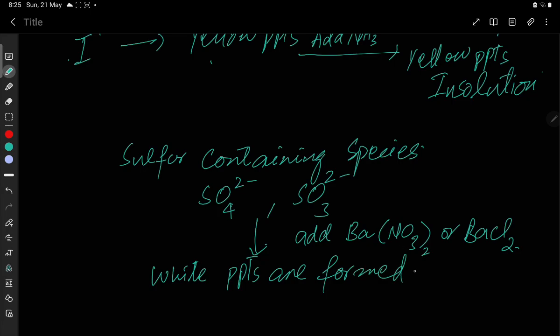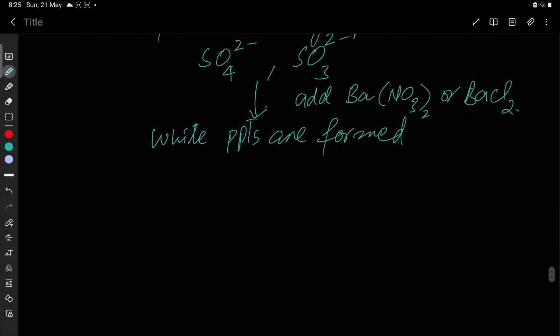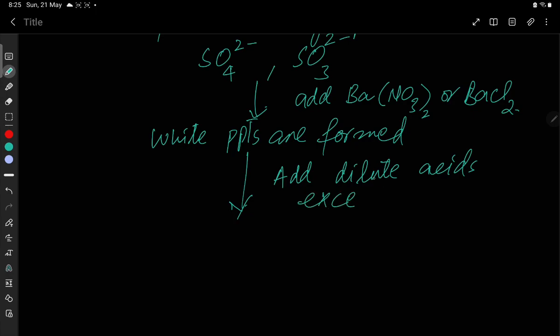So how to differentiate between sulfate and sulfite ions? Add dilute acids except sulfuric acid.